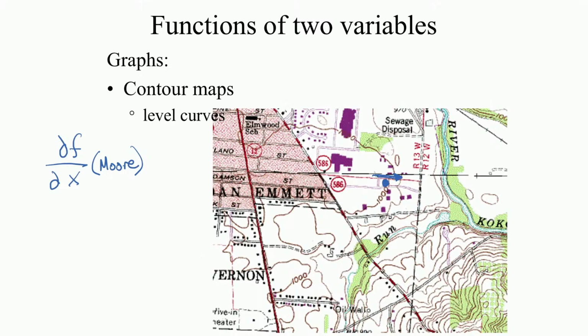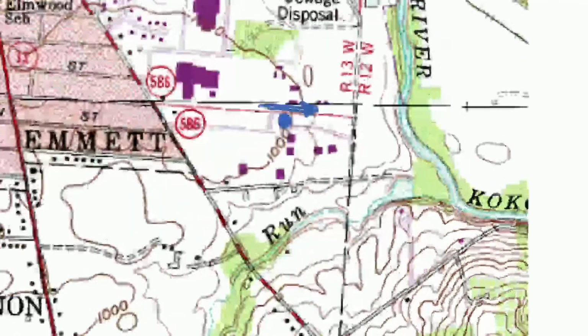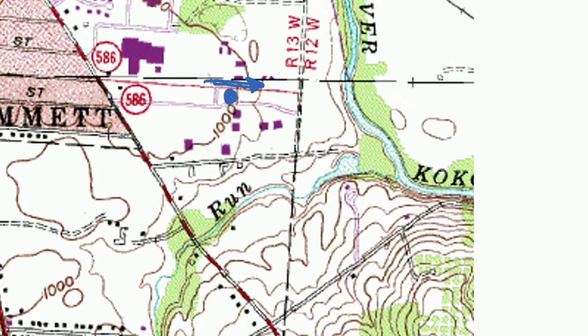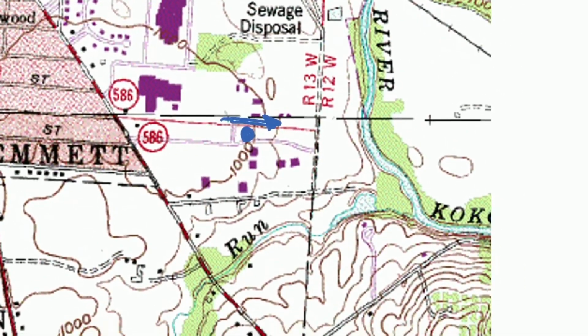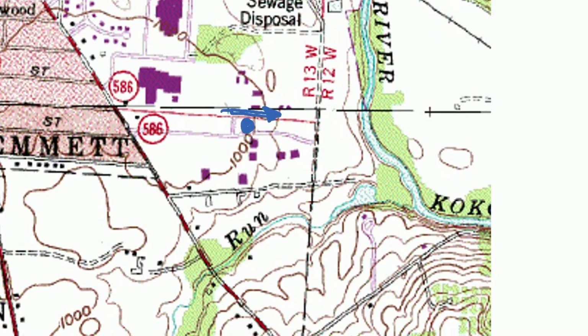So if we had to approximate, and we say, well, there must be a little bit of a slope that we're on here. The way I would do this is I would first of all figure out what each of these lines meant. And so I think that we're counting by 20s. So I believe that this line is the line 980. And so I would start here at this dot, and I'd go this direction.